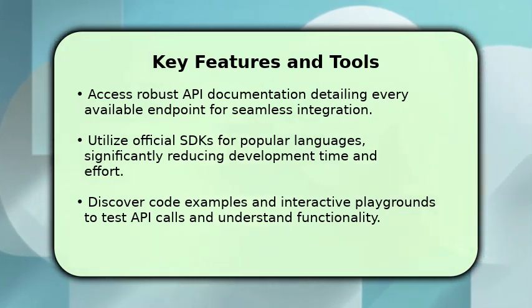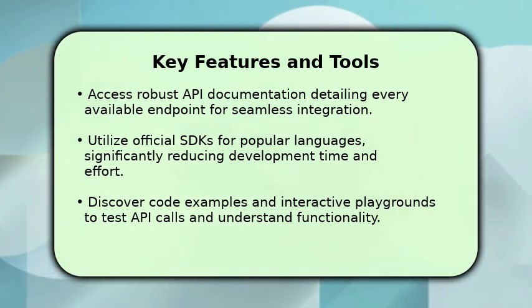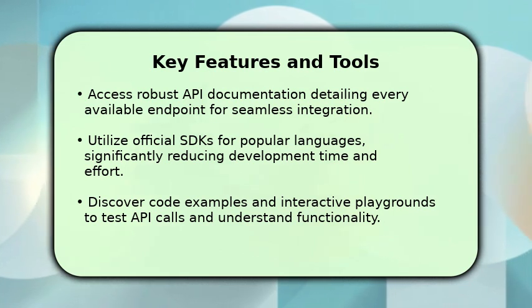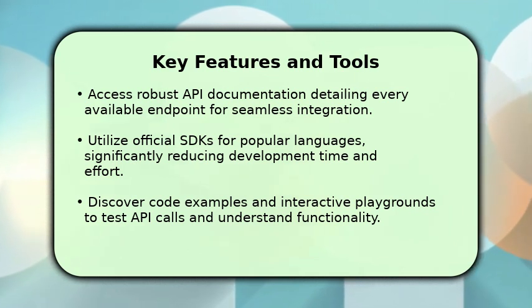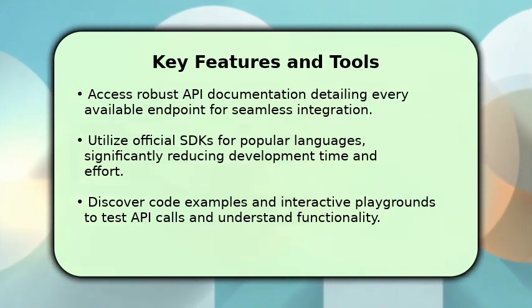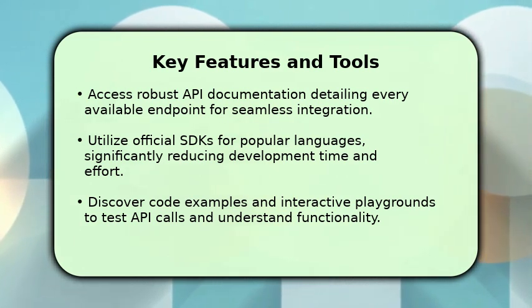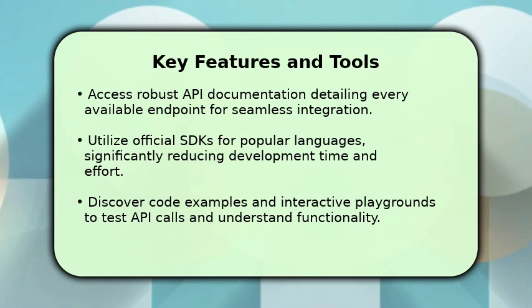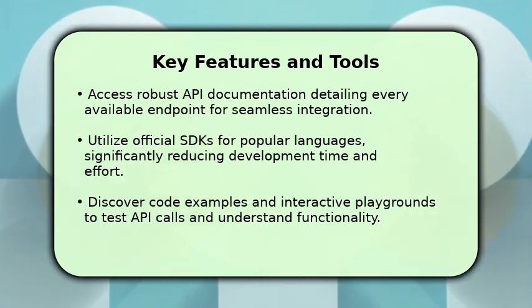The Canva Code website offers several key features and tools to empower your development. You will find extensive API documentation, providing precise details for every endpoint, ensuring smooth integration. Official SDKs are available for popular programming languages, which can save you many hours of development time. Additionally, the site includes practical code examples and interactive playgrounds, allowing you to experiment with API calls and understand their functionality firsthand.